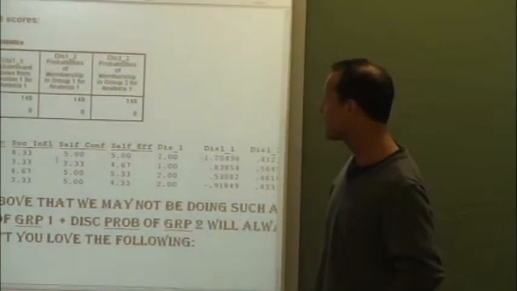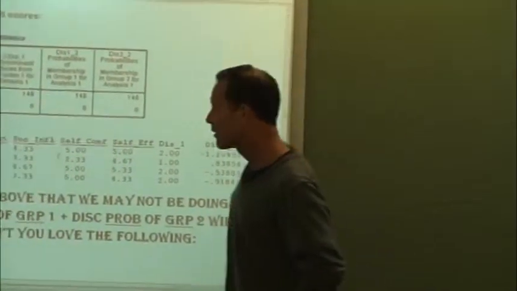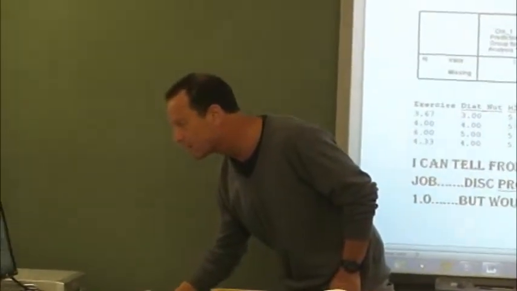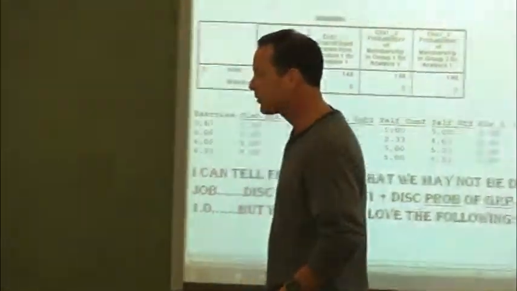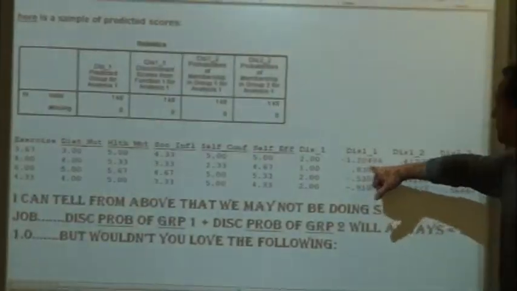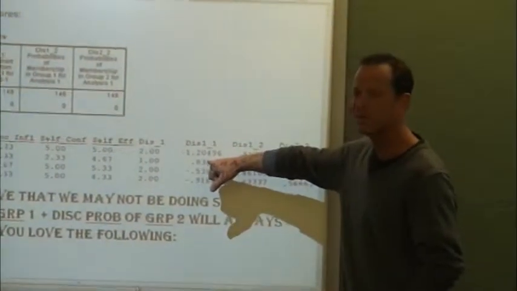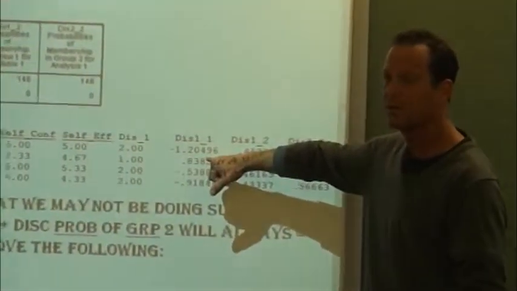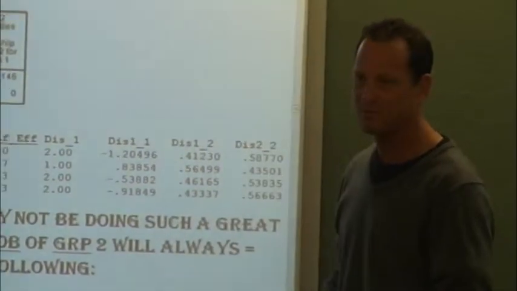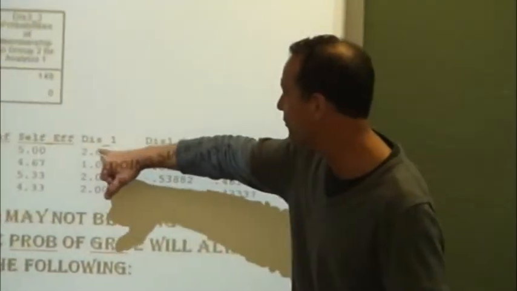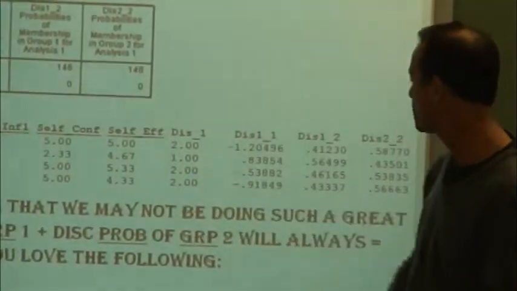And based on that, I get what's called a discriminant score. So there's Ross, everybody. He's got a negative 1.2, which is probably going to put him in the not-in-a-relationship group. And I can tell because there's the group, which means which group he was clustered in.